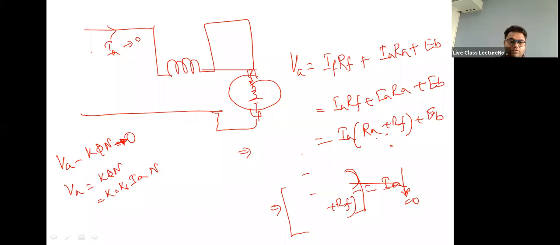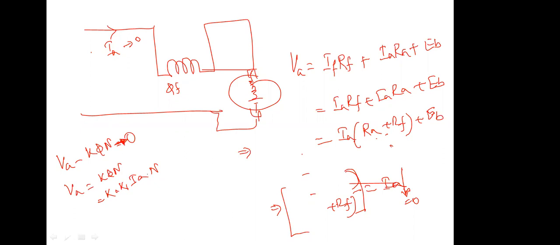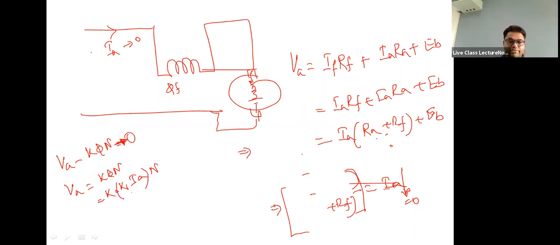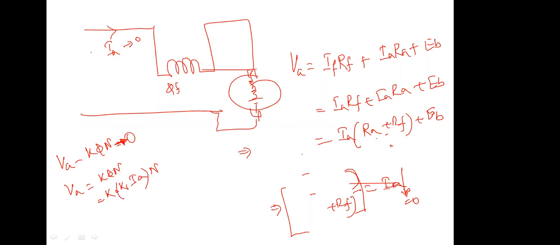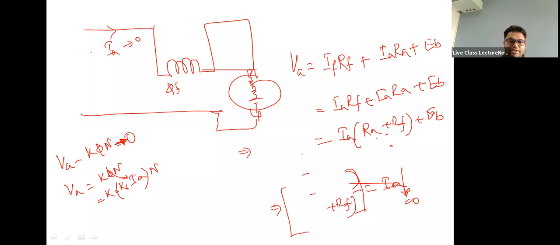But phi is produced by what? The flux is produced by the armature current only, no? So we can attach another constant K_1 into I_A for this flux. Now I_A is tending to zero.